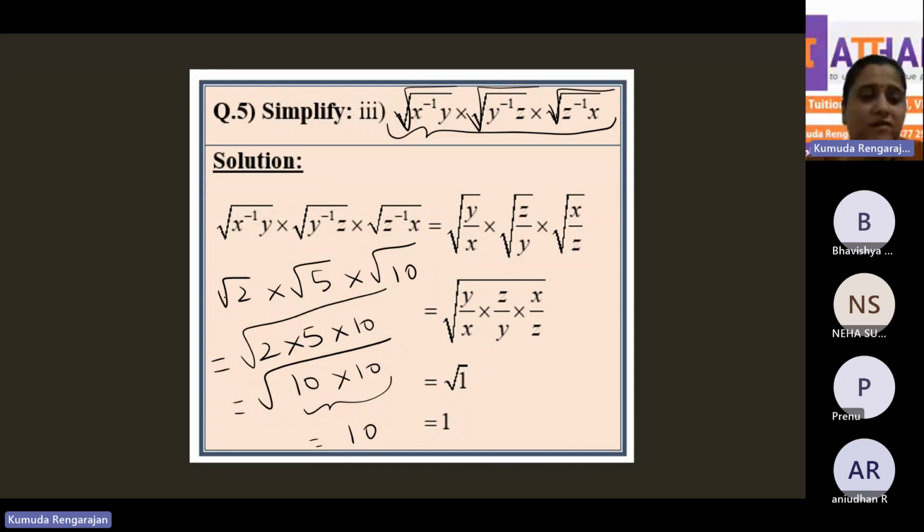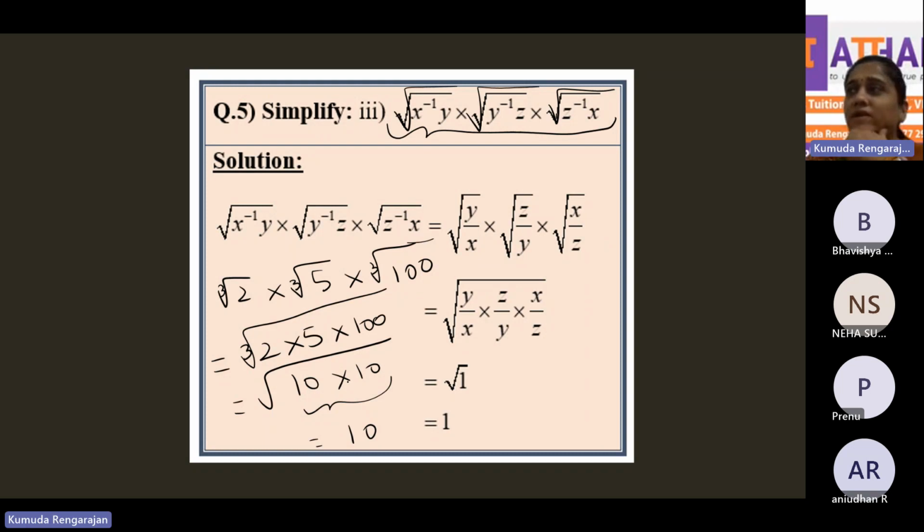Similarly, supposing you had cube root of 2 into cube root of 5 into cube root of 100. So this can be written as cube root of 2 into 5 into 100.